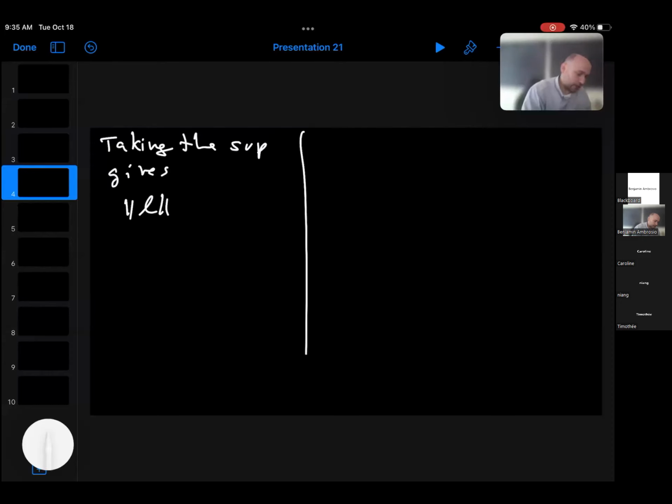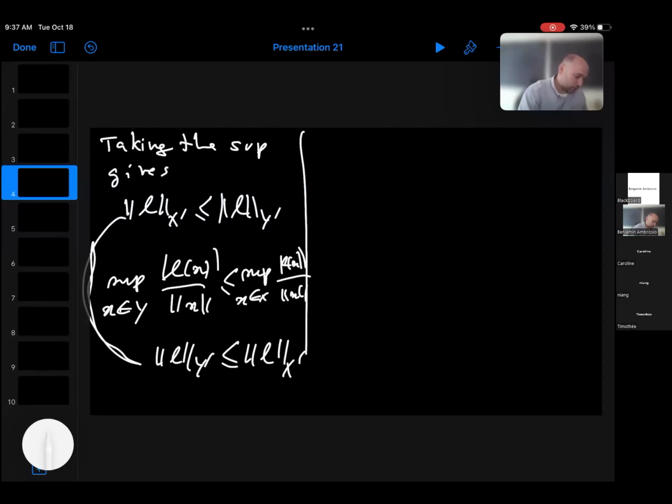I can choose with more elements. So this gives that the norm of L in Y prime is less than the norm of L in X prime. So combining these two gives the norm of L in X prime equals the norm of L in Y prime.